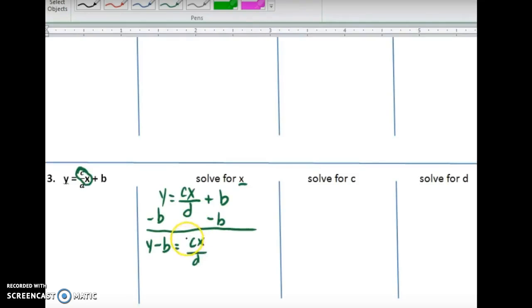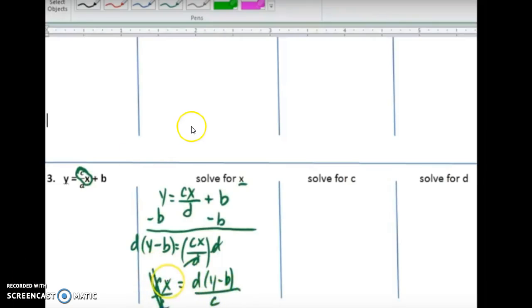I want x by itself, so I'll multiply both sides by d. And d cancels out over here, and I'm going to want x on the left, so I'm going to bring the cx over here, and that equals d times y minus b. Just switch the equal sign around there, and now to solve for x, I just have to divide by c, and there's the solution right there.